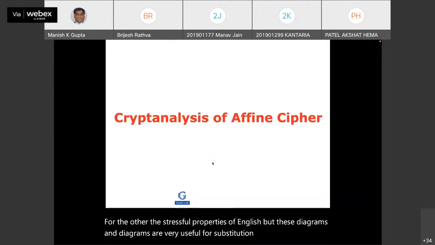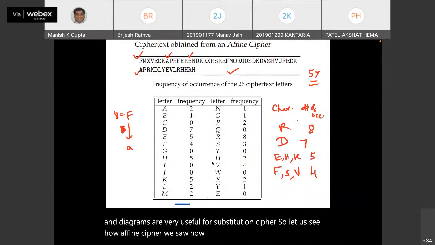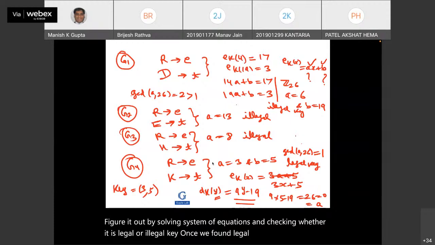Let us see how. For affine cipher, ciphertext was given, and we figured it out by solving a system of equations and checking whether it is a legal or illegal key. Once we found a legal key, we were able to decrypt it.